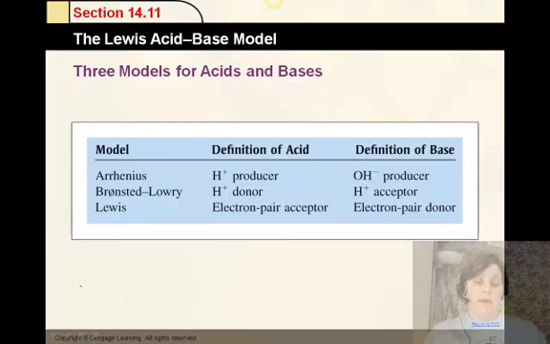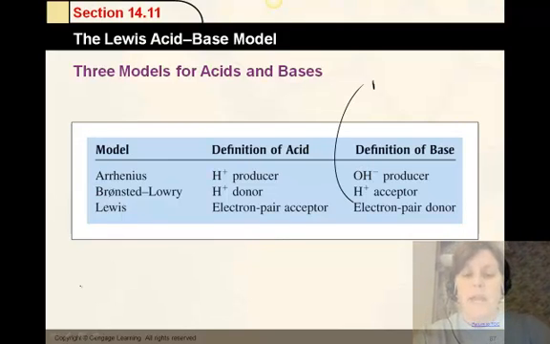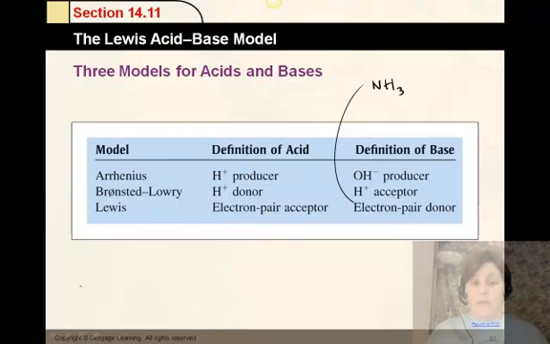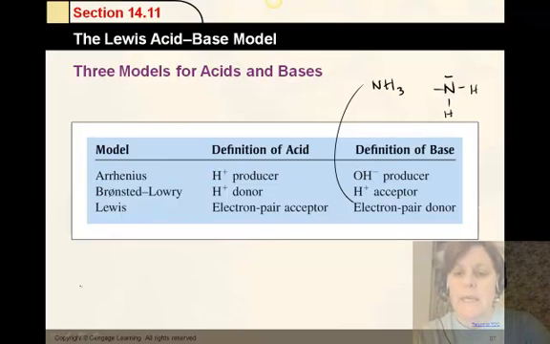The way I tend to remember it, for electron pair donor, I know NH3 is a base in all cases, whether it's Arrhenius, Bronsted-Lowry, or Lewis. And ammonia, if you draw the Lewis diagram for it, you can see there is a lone pair of electrons on the top of the central atom.